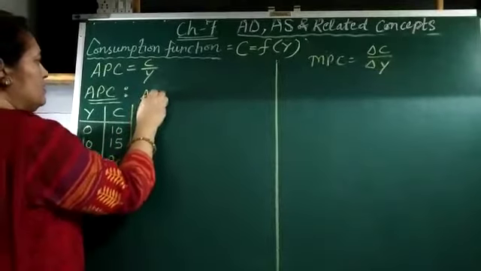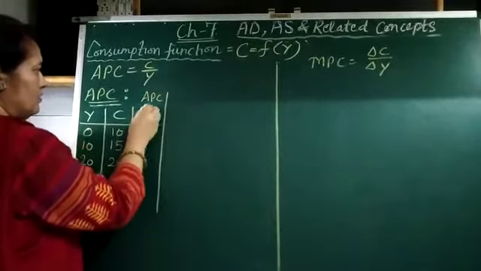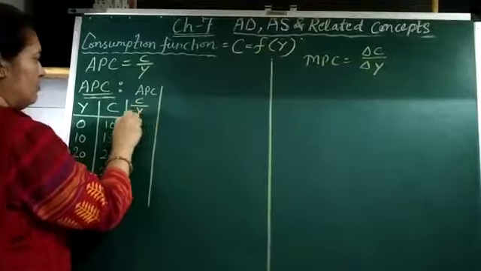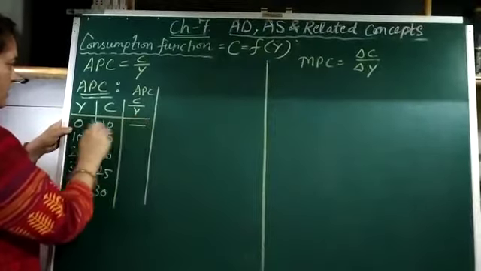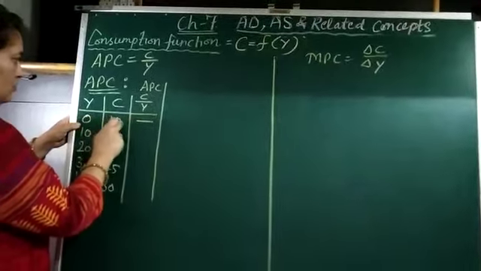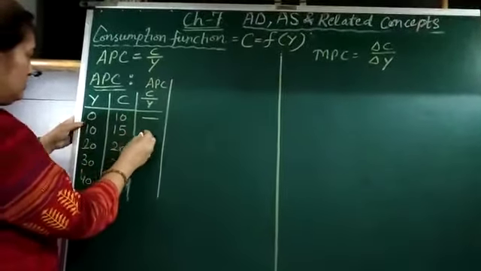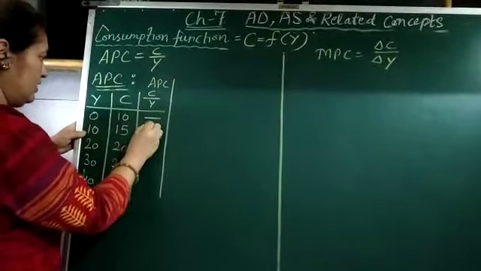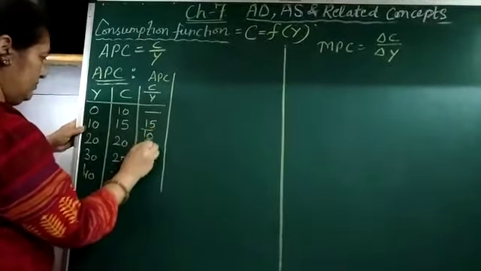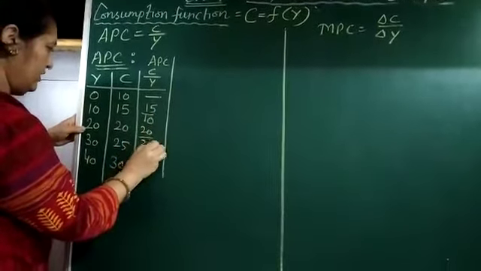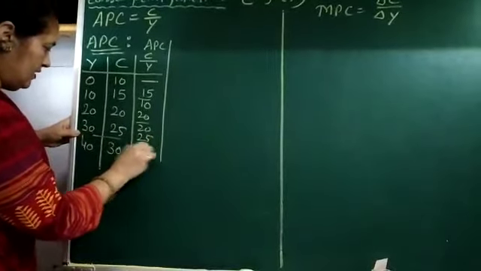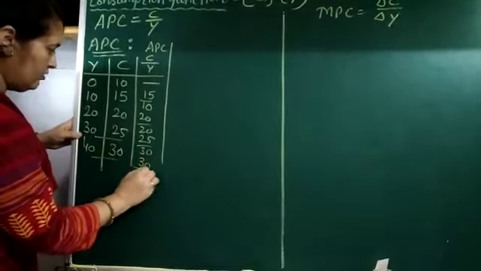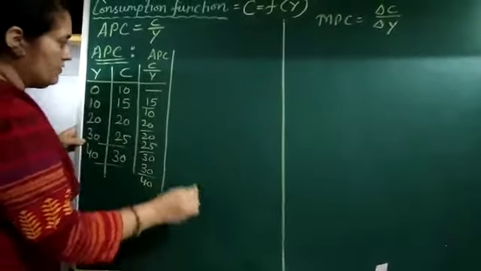To derive APC, C upon Y. Here consumption is 10 and income is 0. So 10 divided by 0, so that is 0 only. Then 15 divided by 10, 20 divided by 20, next 25 divided by 30, and last one is 30 divided by 40. Consumption is divided by income.